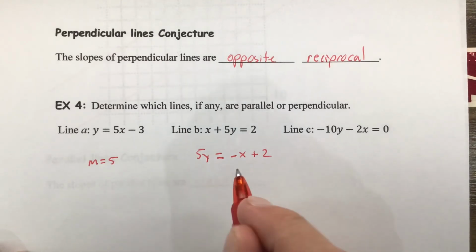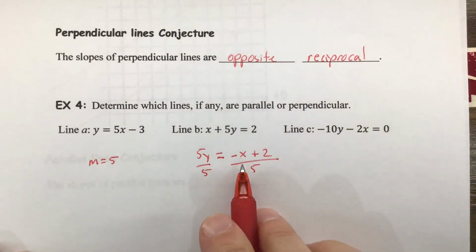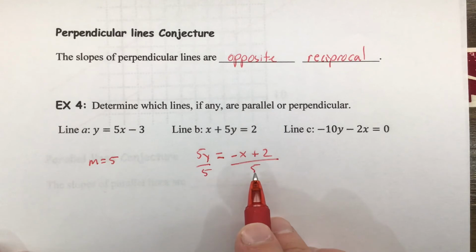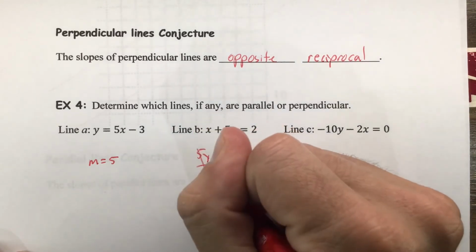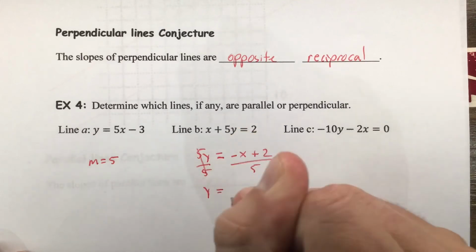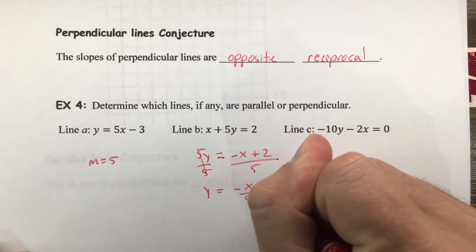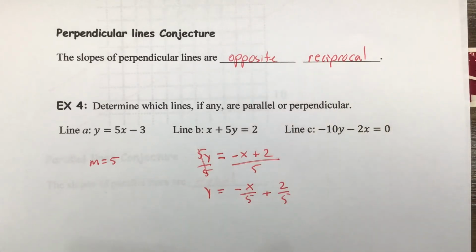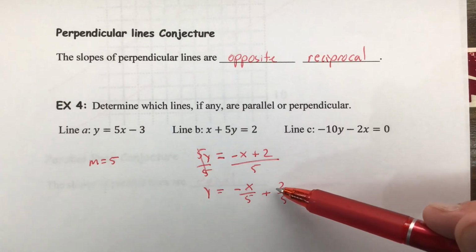Now, to finish it, we still need to get rid of the 5. So we're going to divide everything by 5, which means you have to divide this entire side by 5. The 5 is going to go to the x part, and it's also going to go to the 2. These, of course, will cancel. So we end up with y is equal to negative x over 5 plus 2 over 5. It just distributes to both of the terms. However, we don't really care about this one.